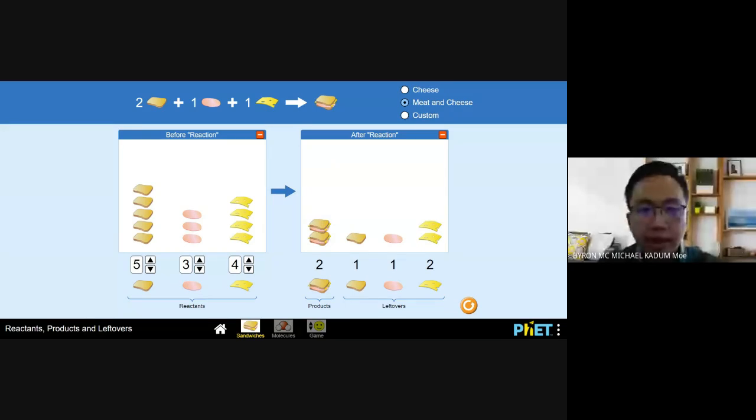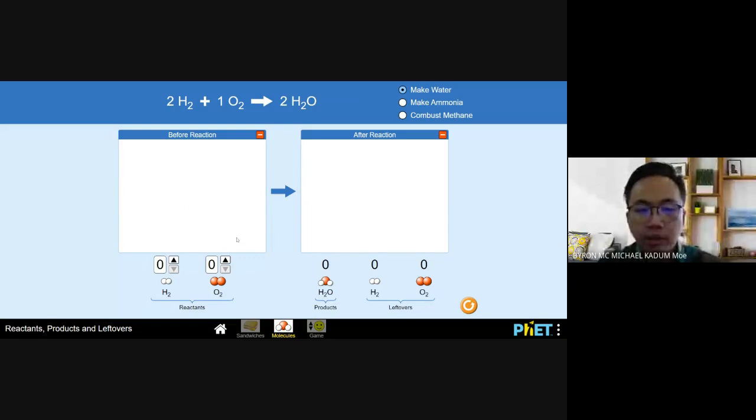Alright. Cuba kita tengok lagi kalau kita pakai molecule pula. Okay? Sini kita ada 2H2, 1O2, then you get 2H2O. Maksudnya, when you want to make water, 2 hydrogen gas with 1 oxygen gas, 1 mole of oxygen gas, we should be able to form 2 mole of H2O molecule.